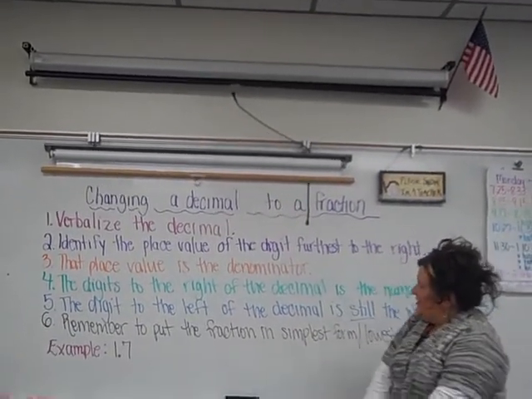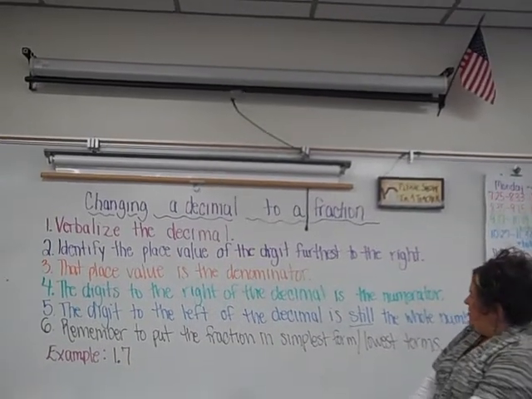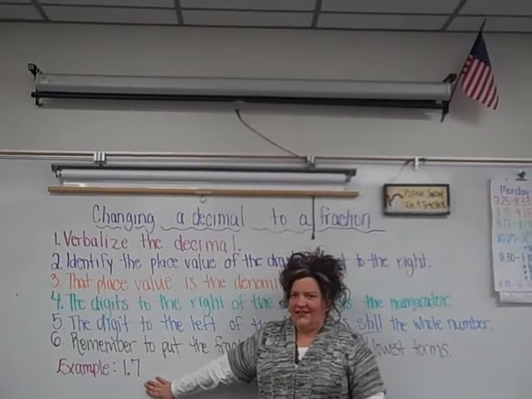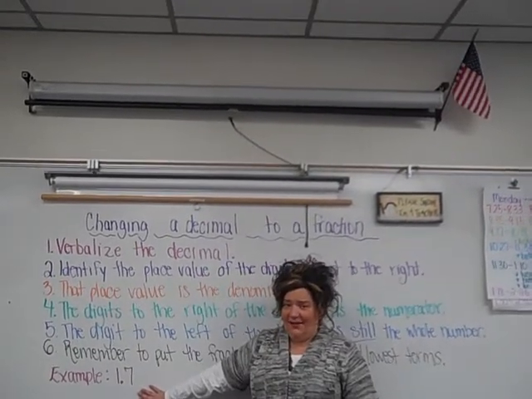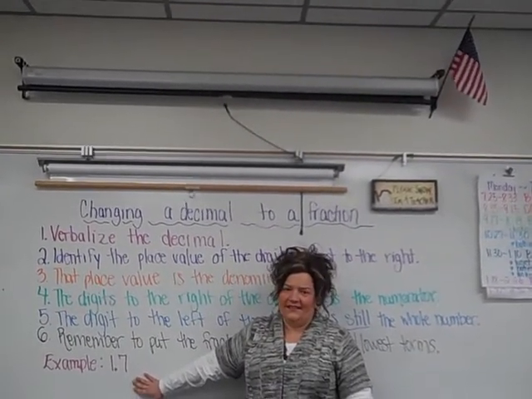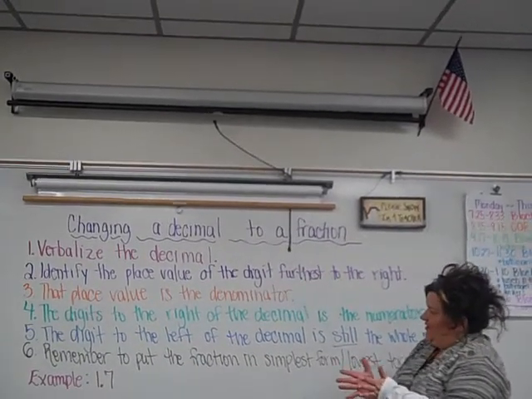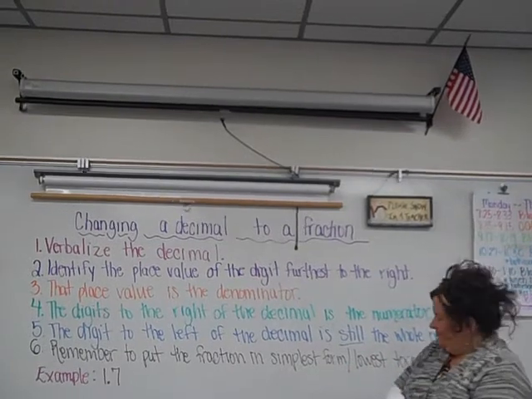You're going to identify the place value of the digit farthest to the right. So the farthest to the right is 7, and that place value is the tenths. That place value is going to be the denominator.